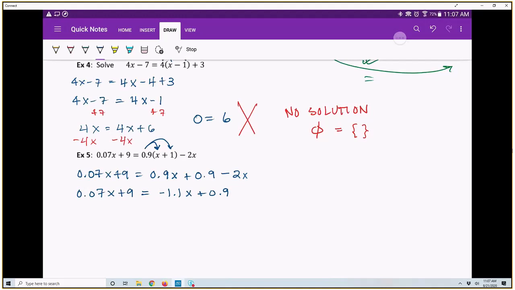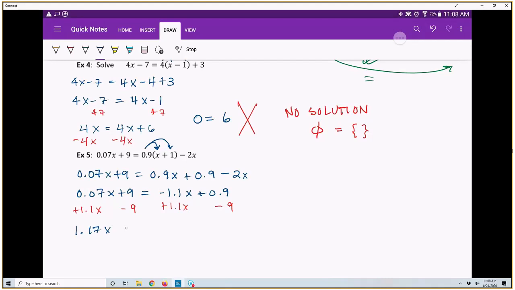Okay, and I want to get the variable terms all on one side, so let's add 1.1x to both sides and subtract 9 from both sides. So on the left side, I have 1.1x plus 0.07x. That's 1.17x.